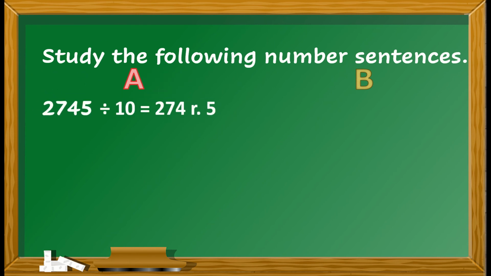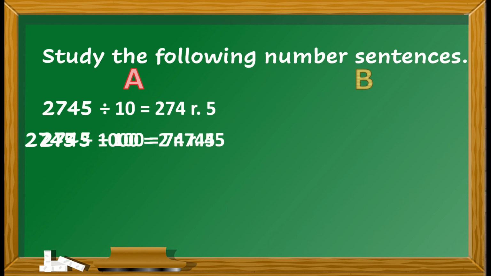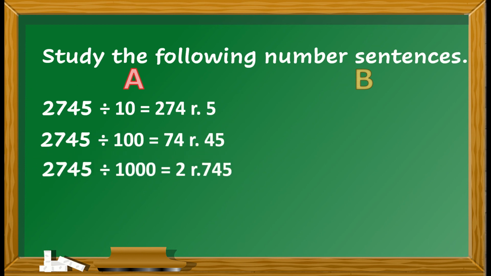For letter A, that would be 2,745 divided by 10 equals 274 remainder 5. Then 2,745 divided by 100 equals 74 remainder 45. Next is 2,745 divided by 1,000 equals 2 remainder 745.